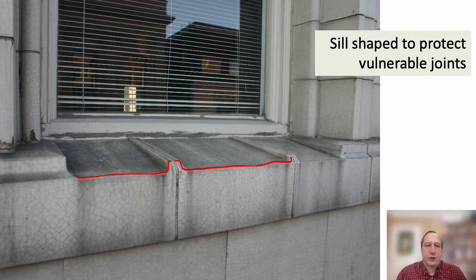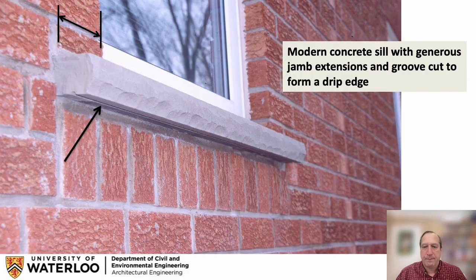And so the vast majority of the water gets a beautiful slope downward, highly protective of the joints. And then the water reaches here and there is a drip to protect the wall below. Very useful and correct design.